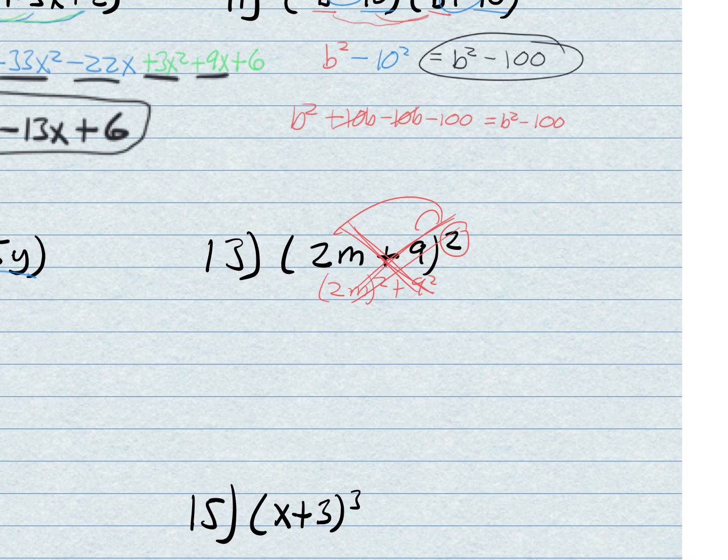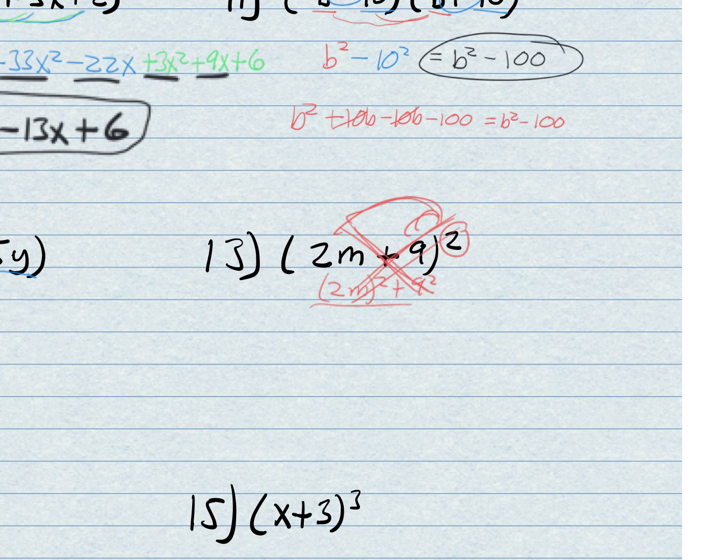It looks like it would work out nicely if you were to just square each term. But you miss out an entire middle term. There is another term that this answer does not reflect. So you cannot, when you see something like this, raise each term to the second power. That is absolutely incorrect. You will not get full credit.